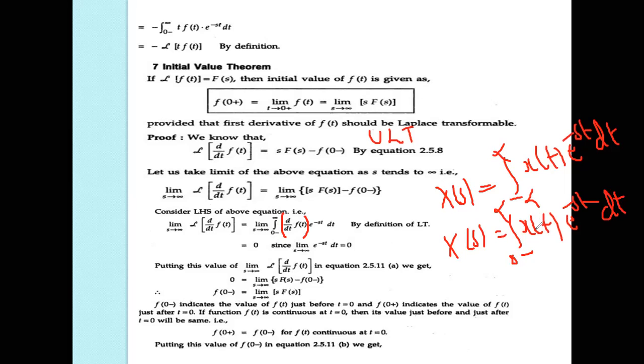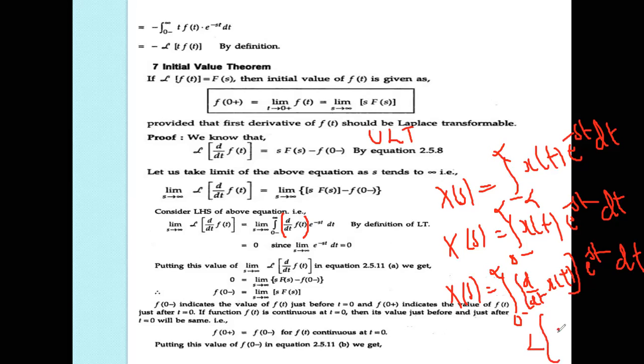I need the Laplace transformation of the derivative of the signal, so it is the integral from 0 minus of d by dt of x of t times e power minus st dt. This is nothing but the Laplace transformation of d by dt of x of t.